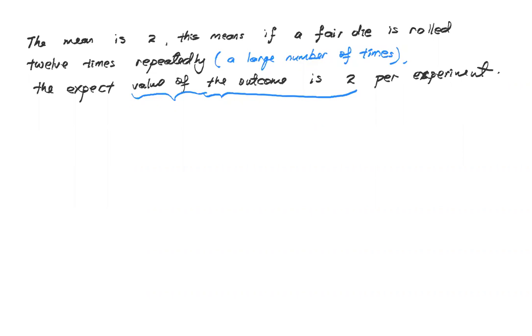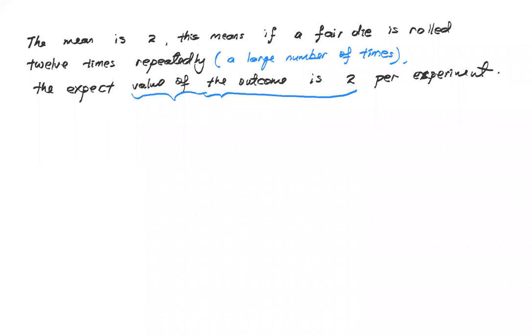Yes, thank you. Okay, I'm going to read out, you write by yourself. The expected value of rolling a 6 is 2, 6 out of how many rolls? 12 rolls.